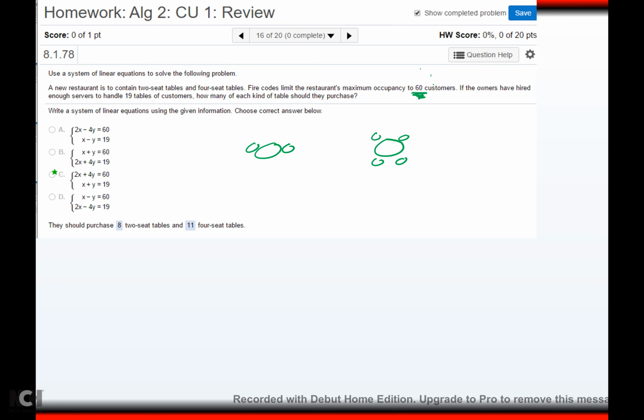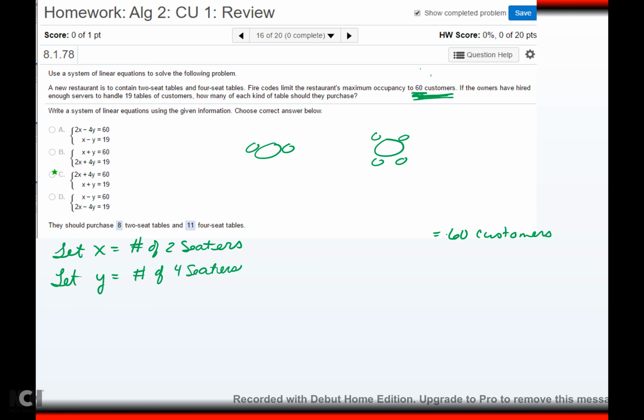Well, if I say let x equal the number of 2 seat tables, let's call them 2-seaters, and let y equal the number of 4-seaters, the first constraint that they give me is that I can't go over 60 customers. So the number of seats has to be 60 or less.